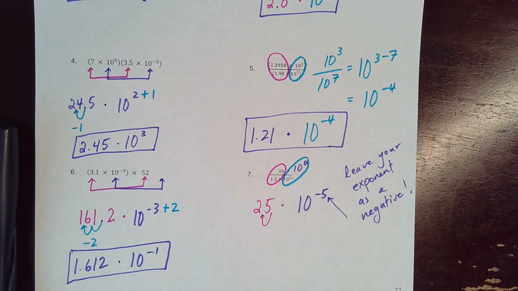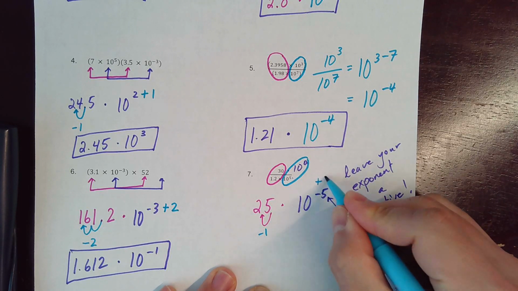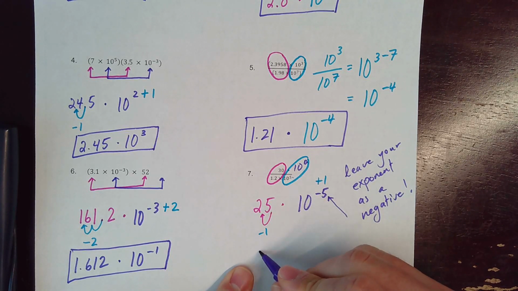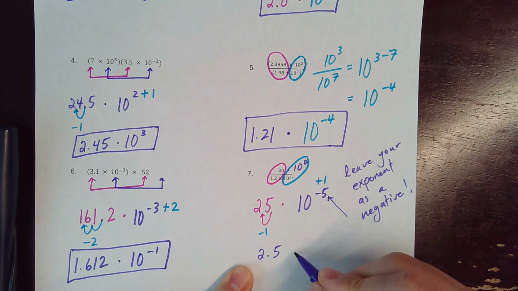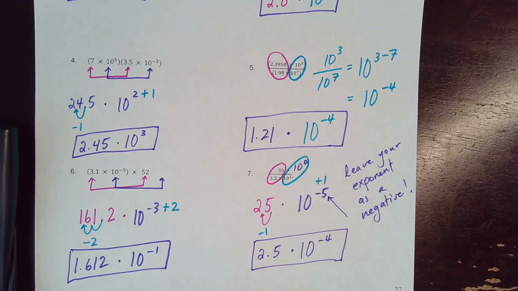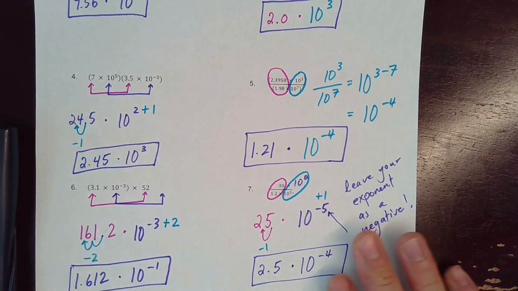If you take away one placeholder, write the -1, give the +1 to the placeholder for the 10, and then you have your final answer as 2.5 times 10 to the negative 4. Simple. I hope you guys enjoyed that. And let's go on to the next page.